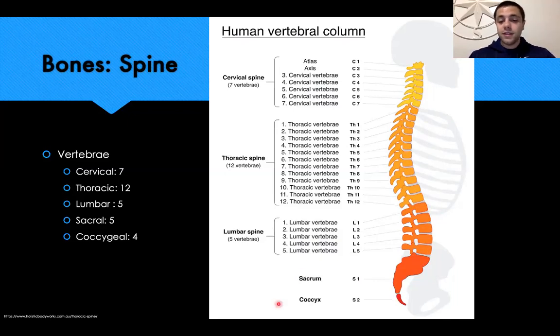But what's different in the sacral and the coccygeal region is that these bones are all fused together. In the sacral region, it's a series of 5 bones fused together, and in the coccygeal region, or the coccyx region, there are 4 bones fused together.